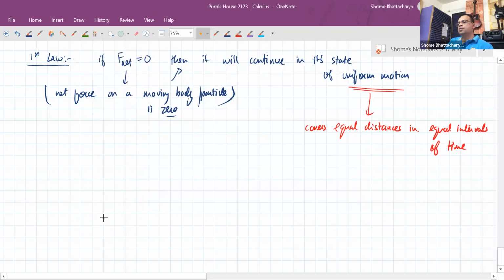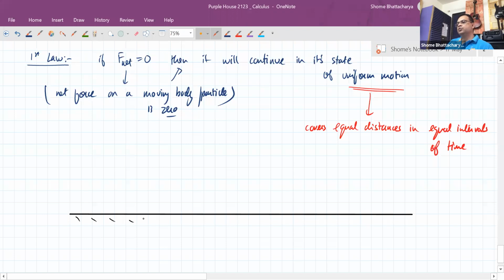Imagine a body that is moving under the condition that the net force on it is zero. A typical condition like that would be if we somehow manage to create a surface which is perfectly smooth, so there's no friction. So we have a frictionless surface, or what we call in physics a perfectly smooth surface.